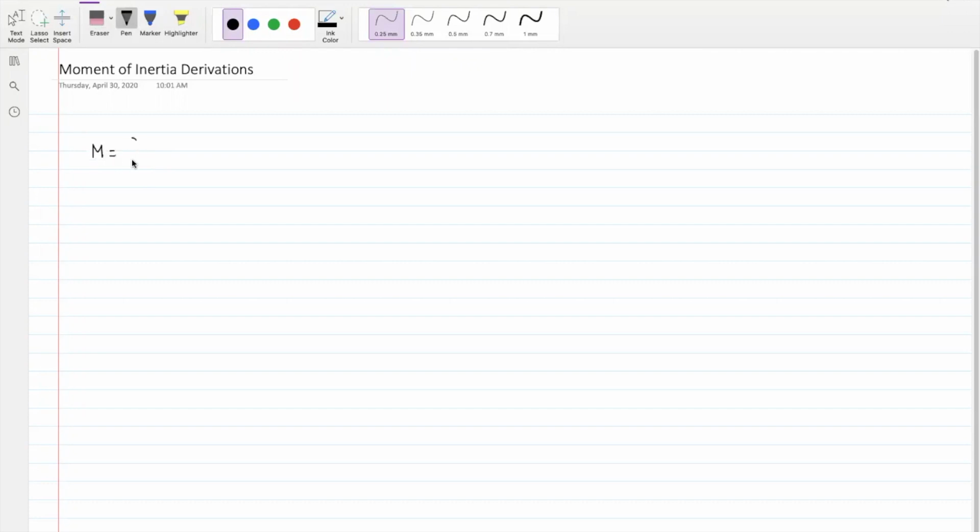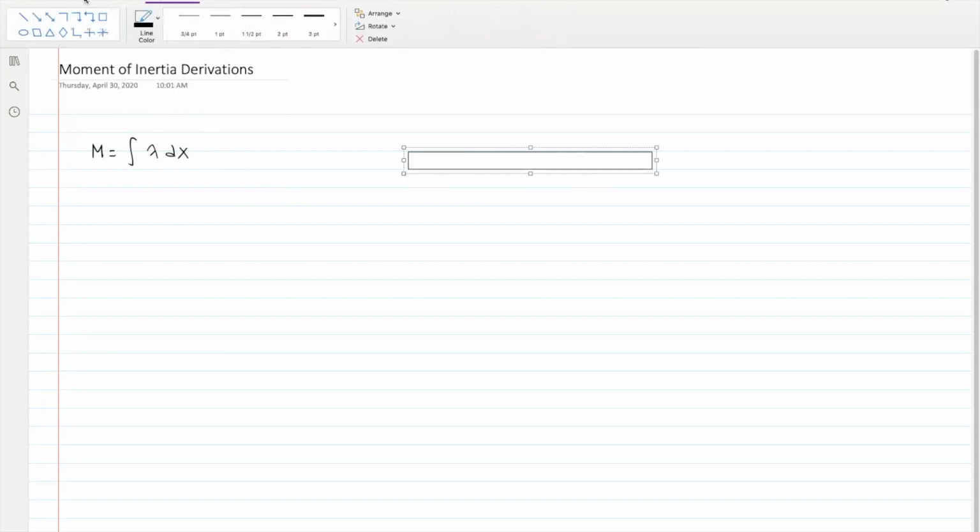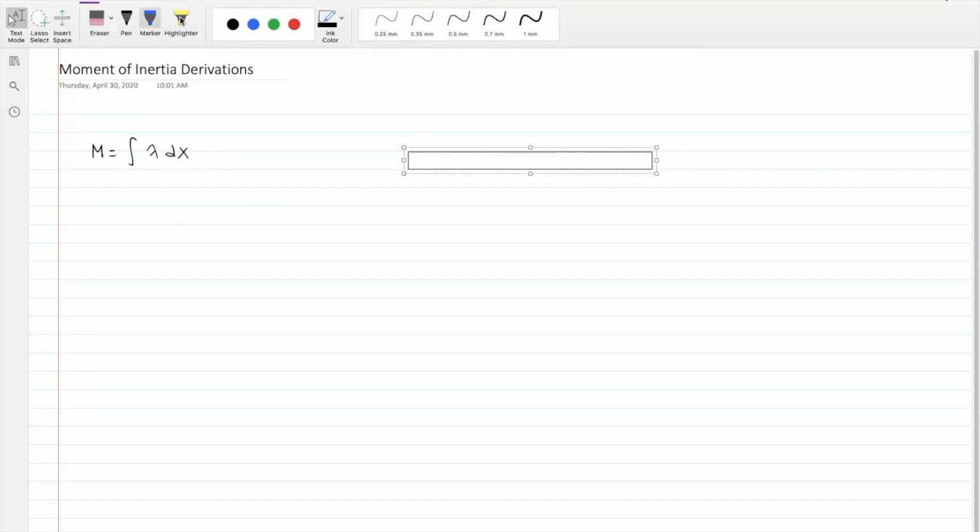equal to the integral of your linear density times dx. Now let's define these terms in the sense of a rod. A rod can be drawn as this rectangular object that I have here, and it can be represented as a 2D object.